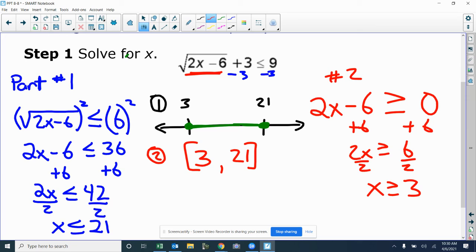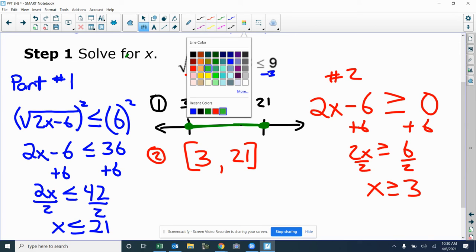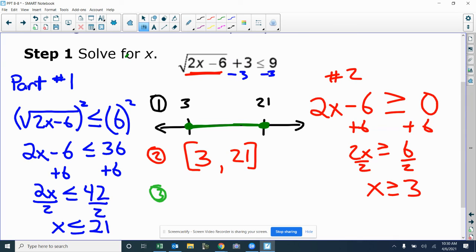Okay. Our third possibility is x such that 3 less than or equal to x less than or equal to 21. X has to be greater than or equal to 3, but less than or equal to 21.